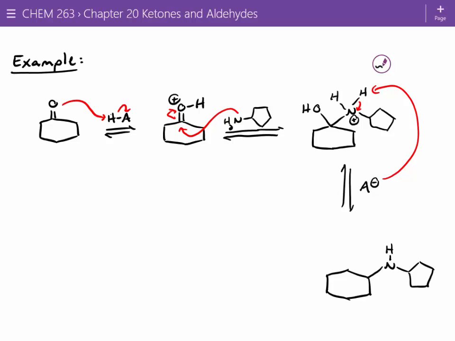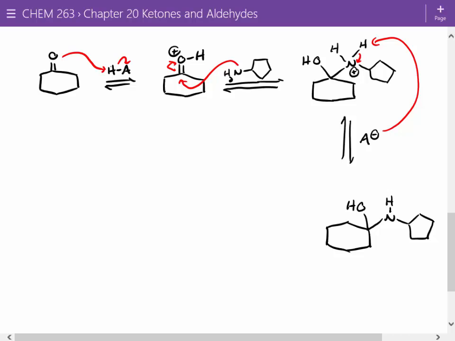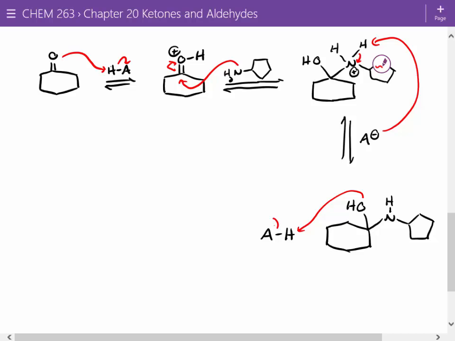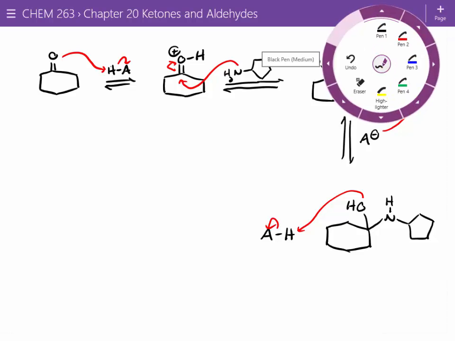I guess I kind of rotated it, sorry. There we go. And we've regenerated our acid. Which can be used to protonate our alcohol. Turn it into a good leaving group.